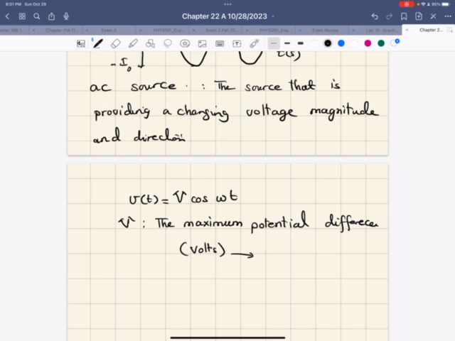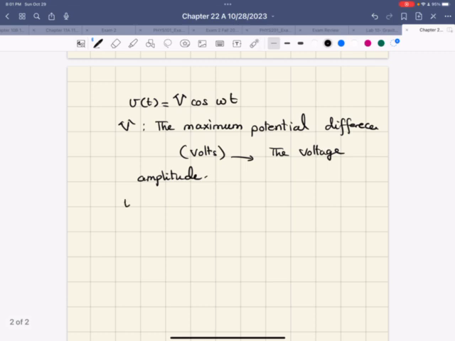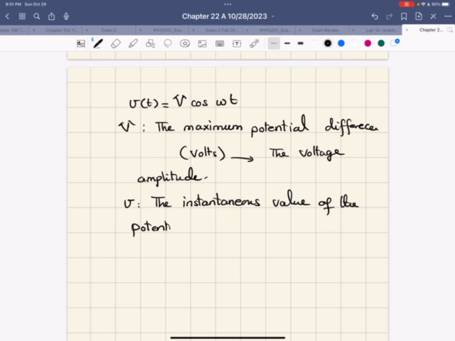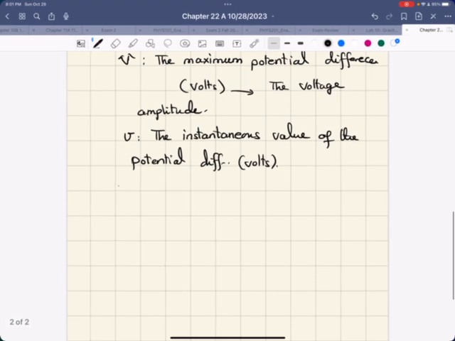We call this quantity the voltage amplitude. Whereas lowercase v is the instantaneous value of the potential difference, and that is also in volts. This is the voltage or the potential difference at any moment.